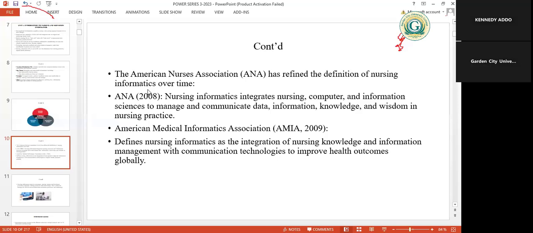Another accepted definition was proposed by the American Medical Informatics Association, where they were explicit in saying that it is an integration of nursing knowledge and information management with communication technologies to improve healthcare globally.